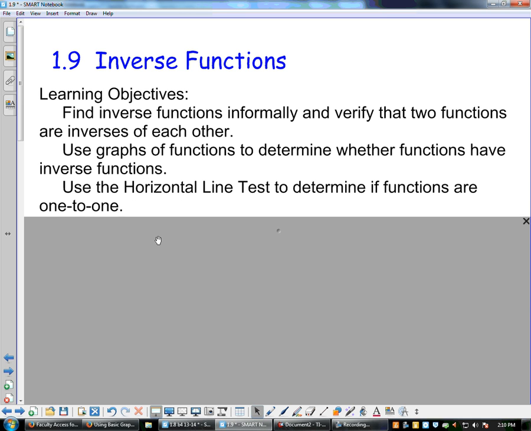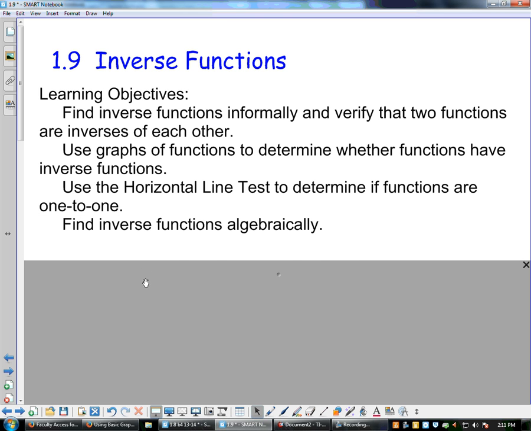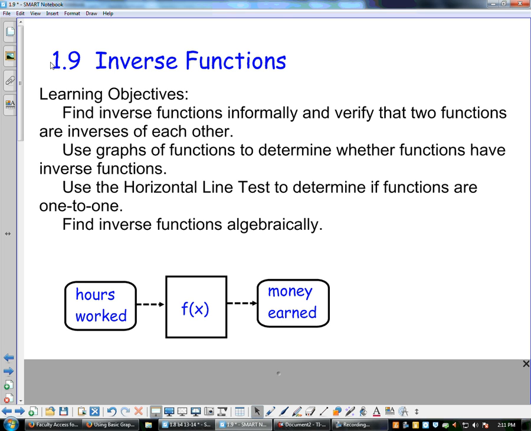And you need to be able to use the horizontal line test to determine if functions are one-to-one. Maria, are you focusing? And you need to be able to find inverse functions algebraically. All right, so let's take a look at this example.